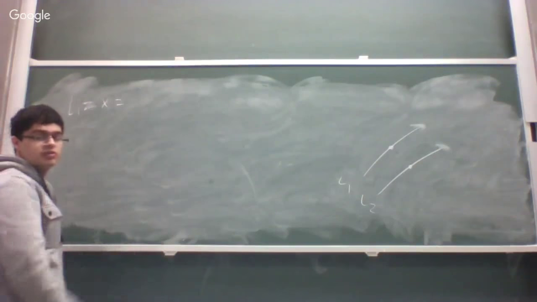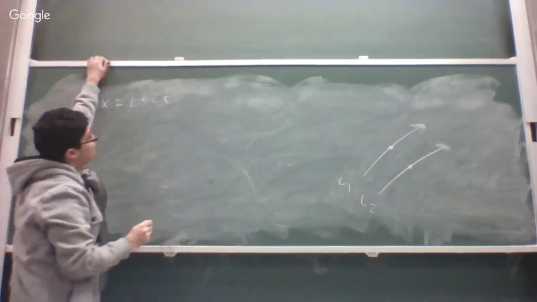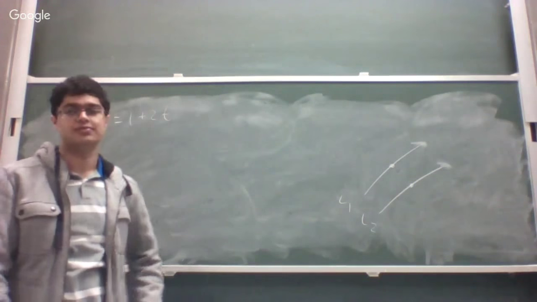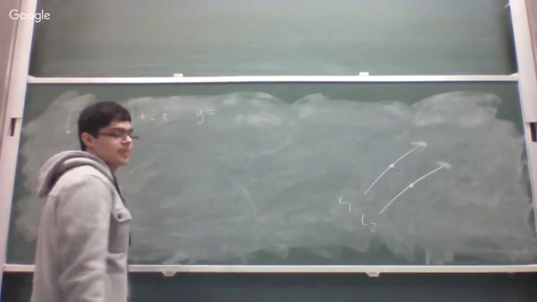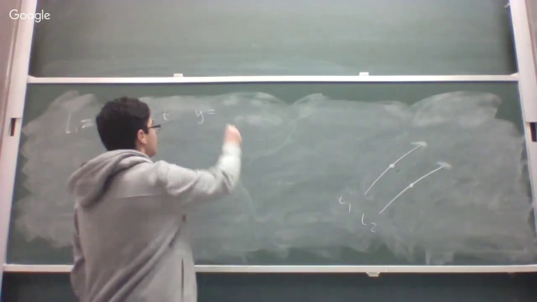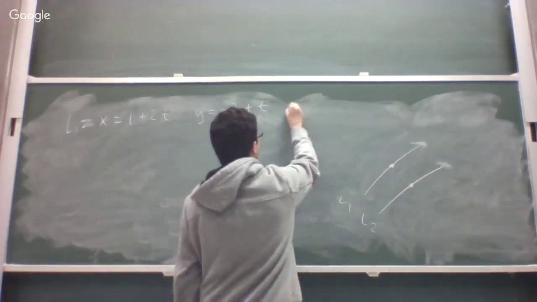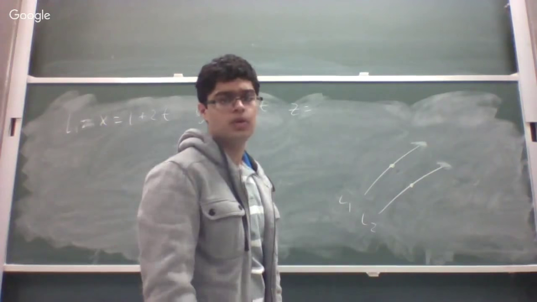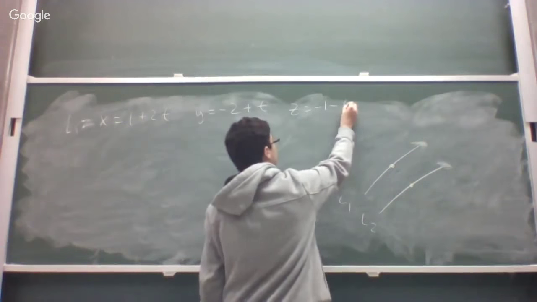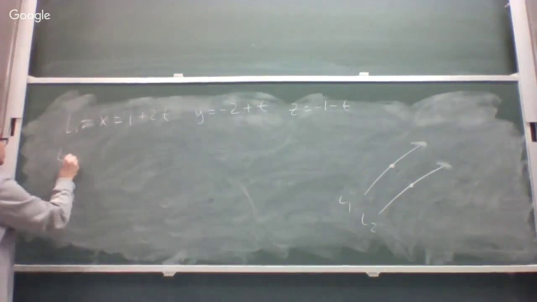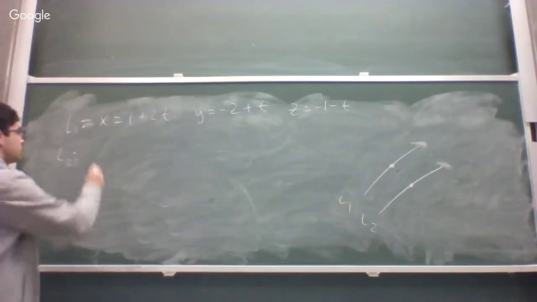X is equal to 1 plus 2t. So they did this in class, but I'm just going over them. Y is equal to minus 2 plus t. Z is equal to minus 1 minus t. Now these are parallel, okay?